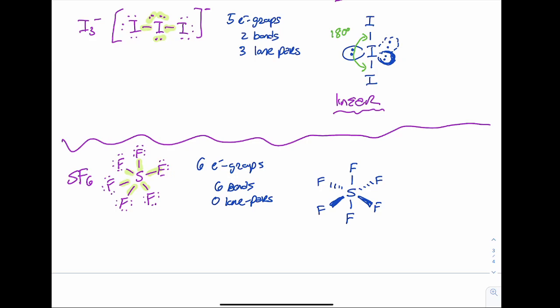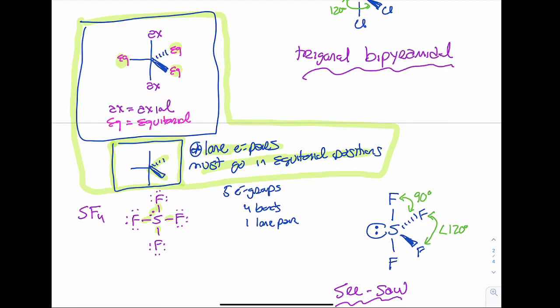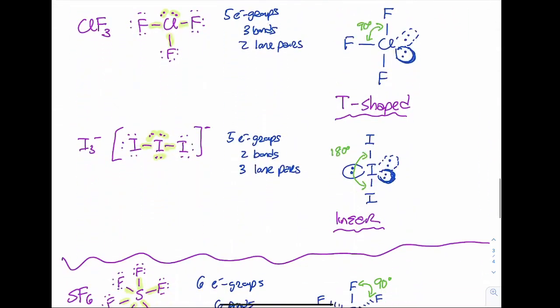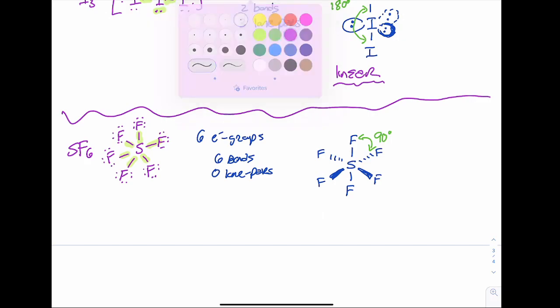So I don't have axial and equatorial positions on this one because all of my bond angles are the same, right? The reason this one, we were considering those positions different is because my bond angles were different. So for this one, every time I replace a bond with a lone pair, it's not going to matter where it goes because all of those bond angles, again, are the same. The name of this one is octahedral.